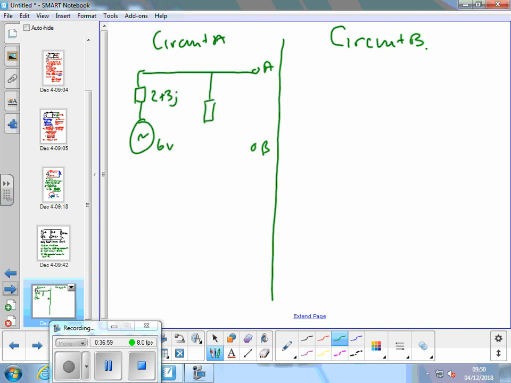Take out the second source and replace it with a short circuit. And this is 2 plus 1j.